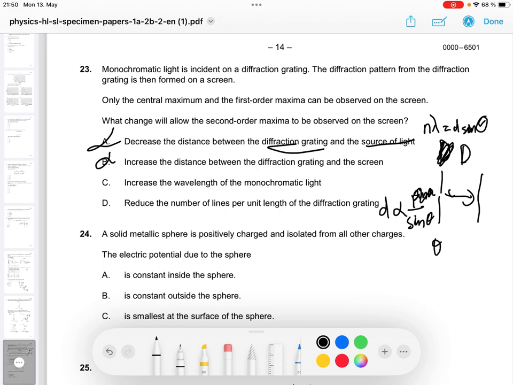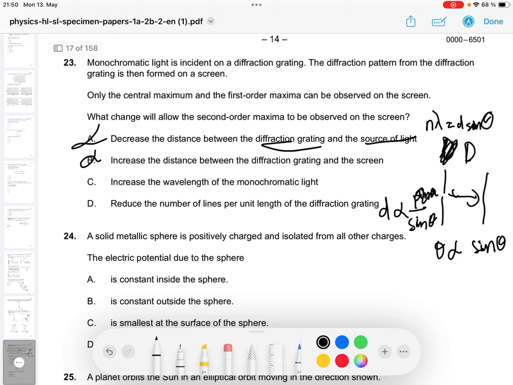Decreasing the angular separation will decrease the number of orders that we can see. Therefore, we must try and increase the angular separation. So as theta is directly proportional to sine theta and we increase sine theta by decreasing the number of lines per unit length, option D must be the right answer. I hope this helped.